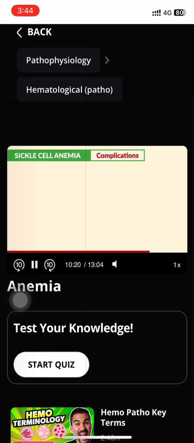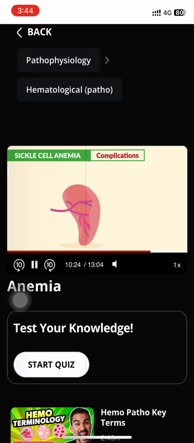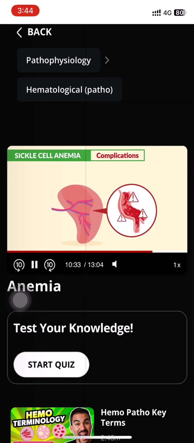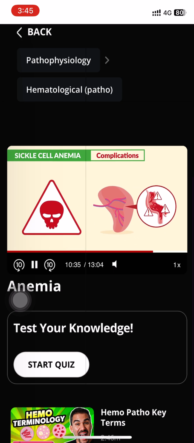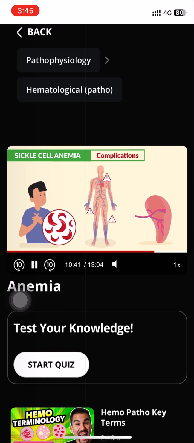Now for other complications, acute splenic sequestration crisis occurs when a high number of sickle cells get trapped in the spleen, leading to splenomegaly. Fancy words for a big mega spleen. This is a life-threatening emergency, since most patients with sickle cell anemia have small spleens due to the recurrent ischemic episodes, that low oxygen supply.